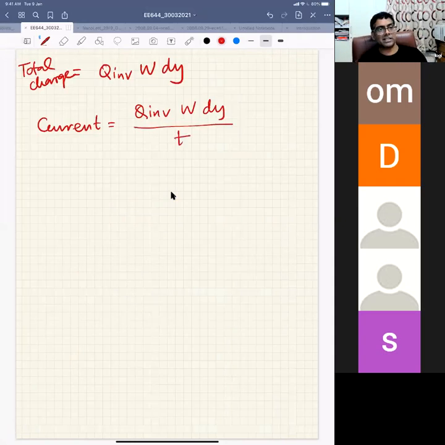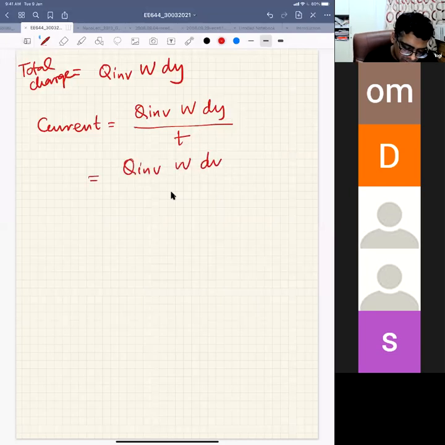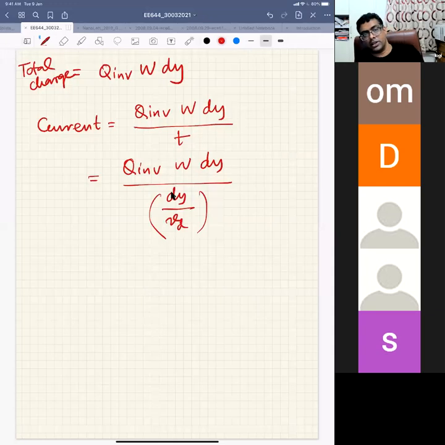The time taken for the electrons to transit dy distance is dy by Vd. So the current is nothing but Q inversion times W times Vd. This Q inversion is per unit area.